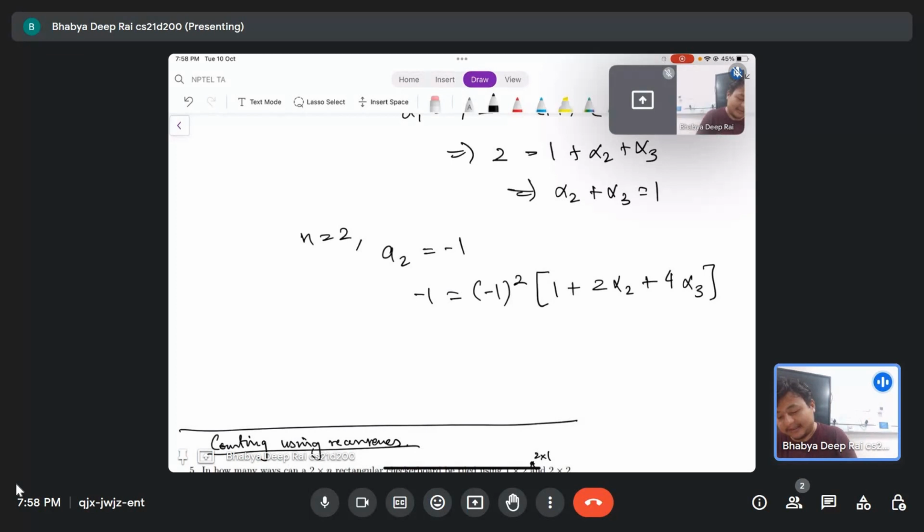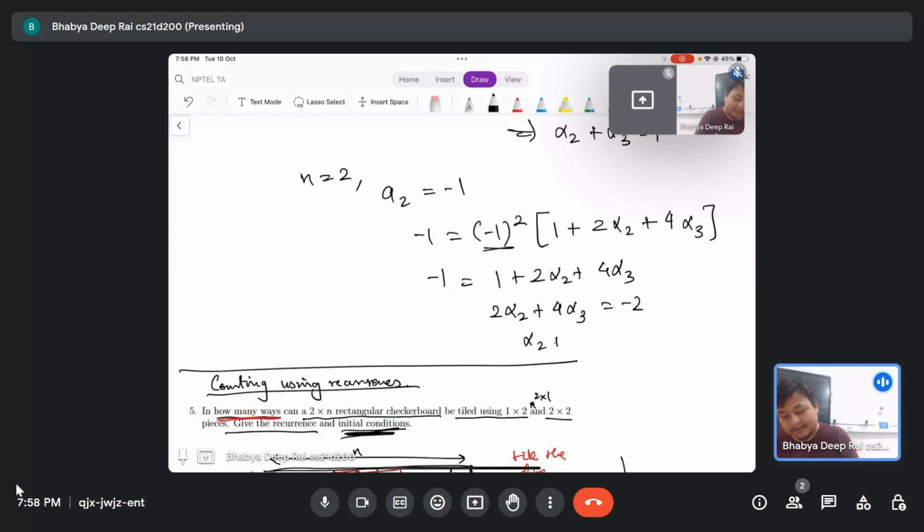Now again the procedure is same. We have minus 1 is equal to 1 plus 2 alpha 2 plus 4 alpha 3, and 2 alpha 2 plus 4 alpha 3 is equal to minus 2, and alpha 2 plus 2 alpha 3 is equal to minus 1.